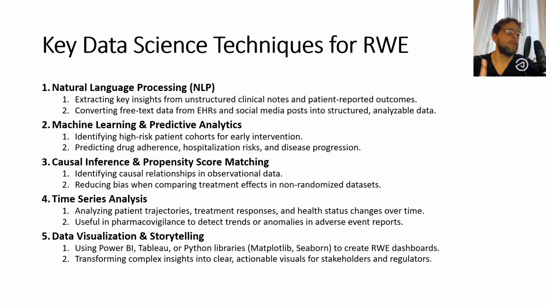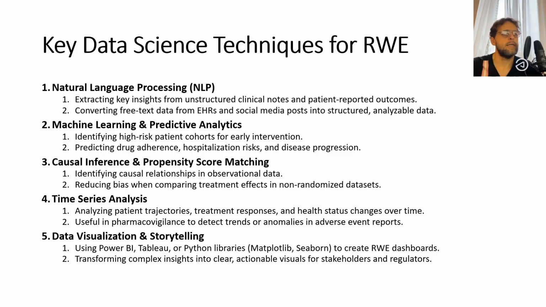Another one is causal inference and other scoring metrics, and they're able to identify causal relations in observed data, and they will help us to reduce biases when comparing treatment effects in non-randomized datasets.